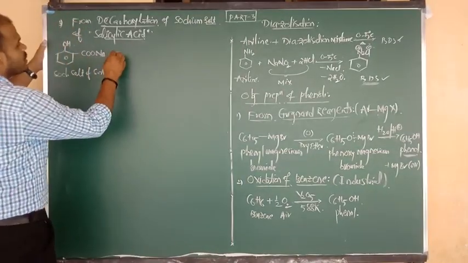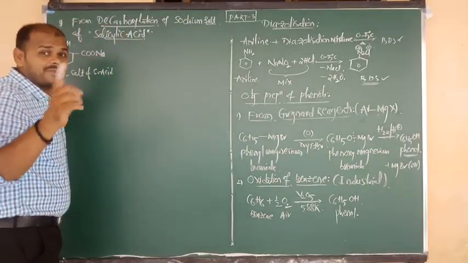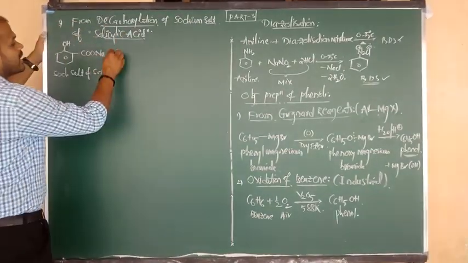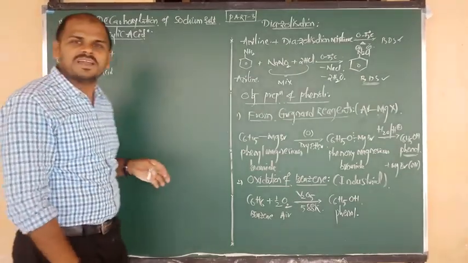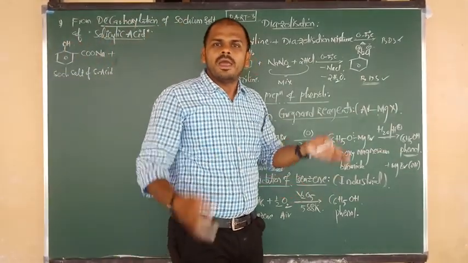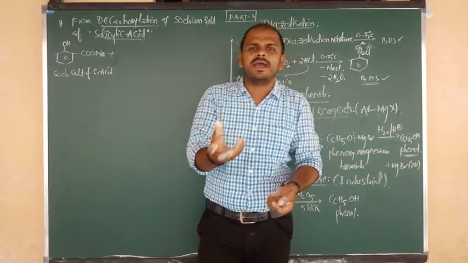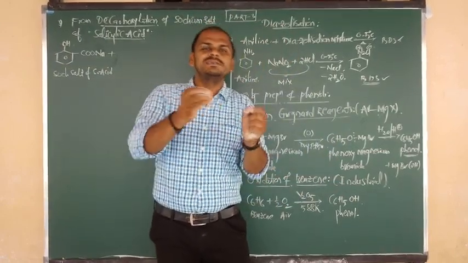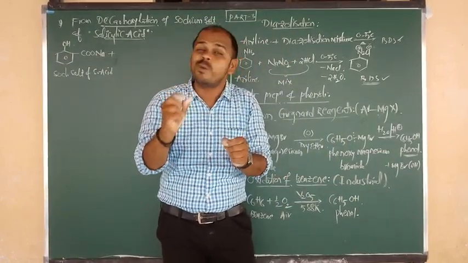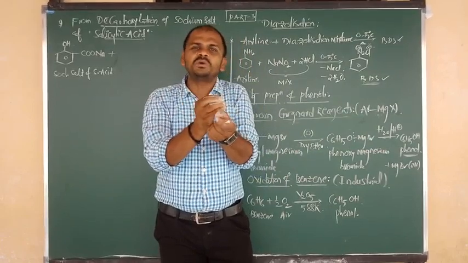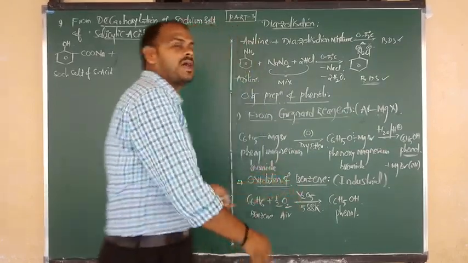So for the purpose of decarboxylation we are heating with soda lime. First of all, listen carefully. What is meant by soda lime? A mixture of sodium hydroxide, NaOH, plus calcium oxide, CaO. Such a mixture is known as soda lime.